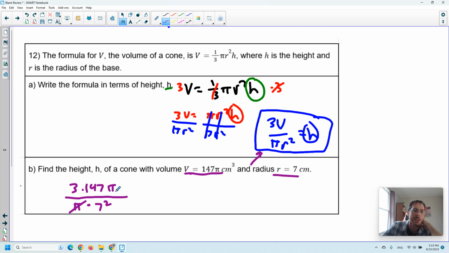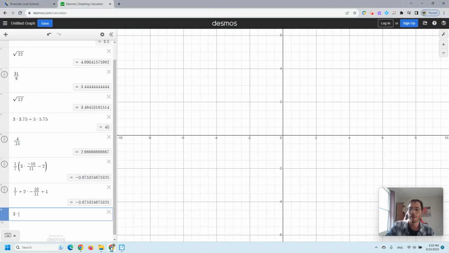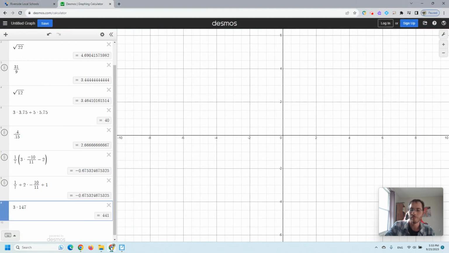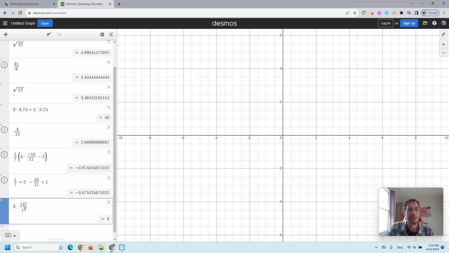Well, I know the pi's are going to cancel out, so that's good. I think the answer is going to be 9 because I think I know what 147 is. But let's go ahead and put it in the calculator just to double check. 3 times 147 divided by 7 squared, and it is 9.